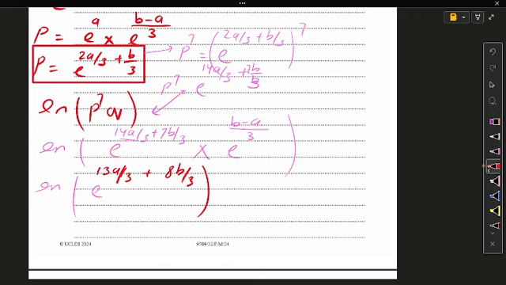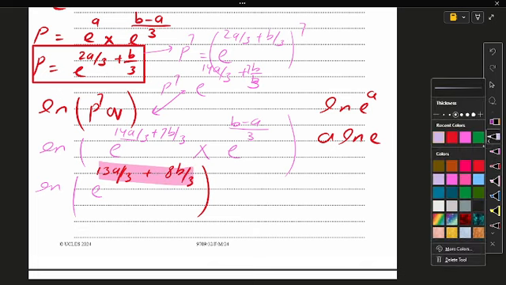You want to get rid of that ln, so you know ln has the property just like ln of e raised to the power a could be written as a times ln of e. That is the second property of log we did in class. So that whole thing will be considered as a, and by using that property you can shift these things together at the first of ln.